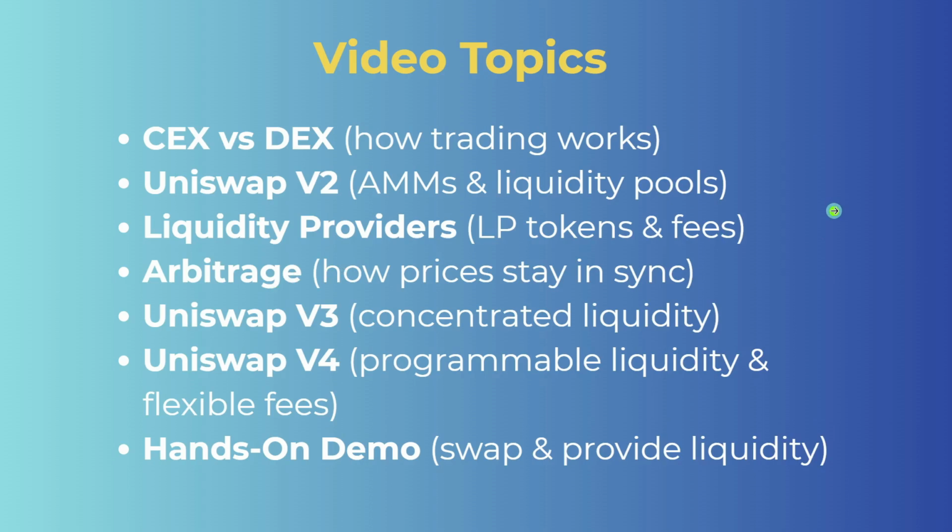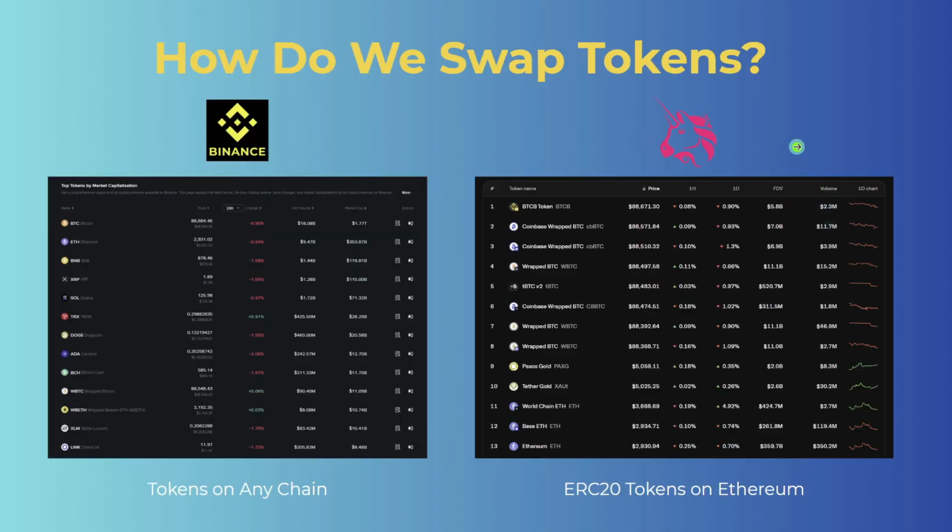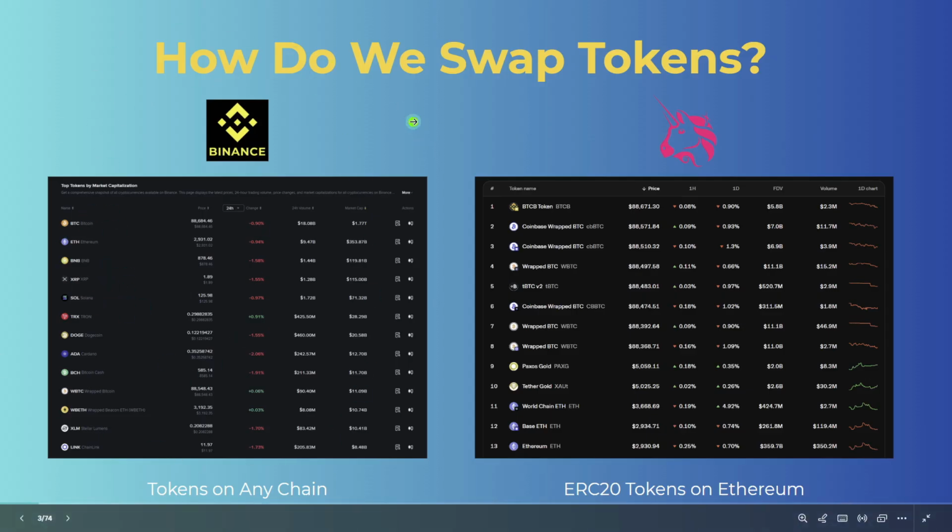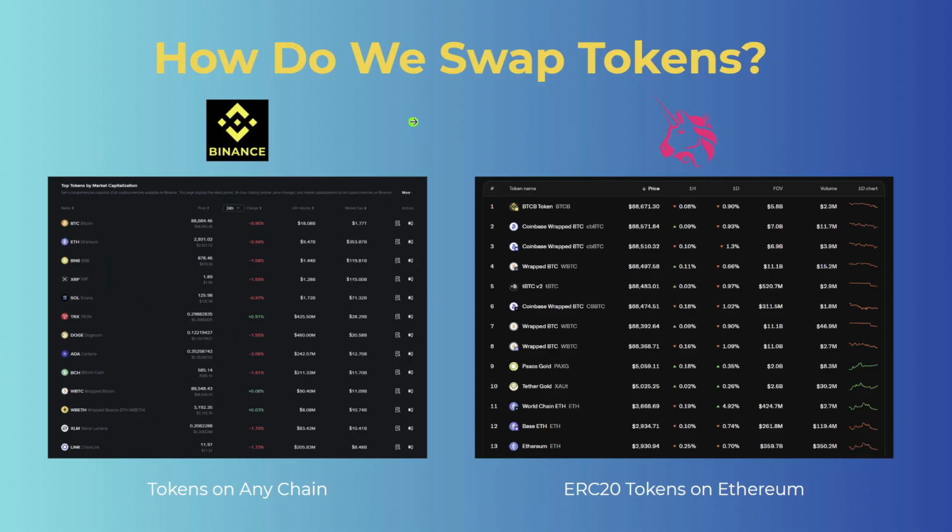So the first thing to talk about is that in the crypto world we have, as you can see here, a bunch of tokens, BTC, ETH, whatever. This is Binance, so a CEX, and we need a way to swap tokens.